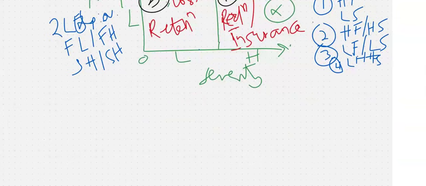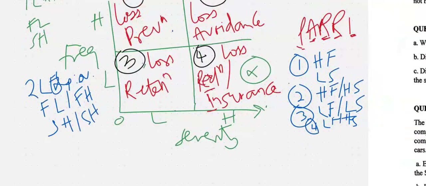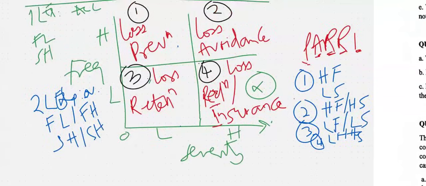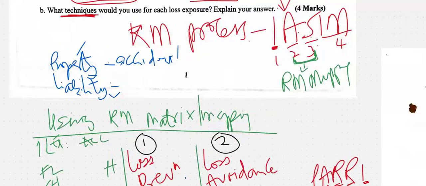Yes. All right. So now we are talking about the techniques. The techniques are what are written in red in the quadrant. So if the accident loss exposure, we said it had a low frequency and high severity. What techniques do you recommend? It says for each loss exposure.